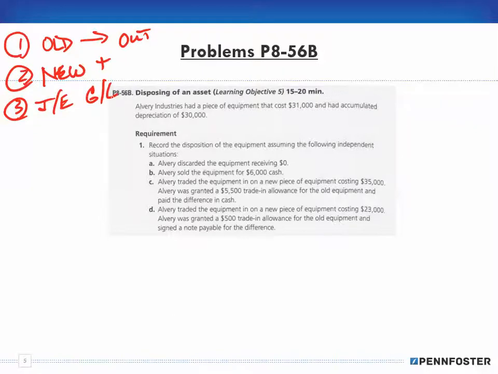Now, that's just an overall process, and this is where students will want to look it up cookie-cutter, go back in the book and look up an exact situation and find the exact journal entries that need to be made so they can just plug and play the numbers. Even though this is a thought process to deal with the concepts of disposition, notice that we're being given four different scenarios here.